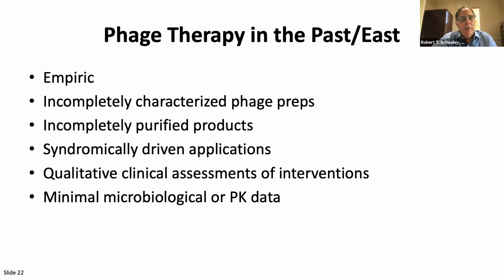As I mentioned, they were used syndromically, and there was very little evidence of any microbiological effort to assess what they were doing. Patients were classified in research projects as to whether they got better or not on a subjective basis, not whether or not a given infection was cured by looking at microbiological parameters.